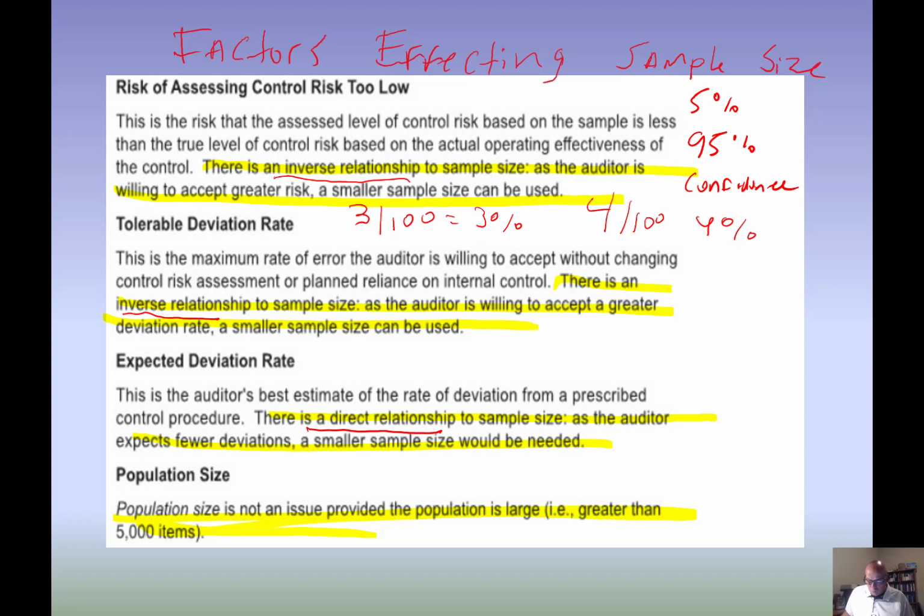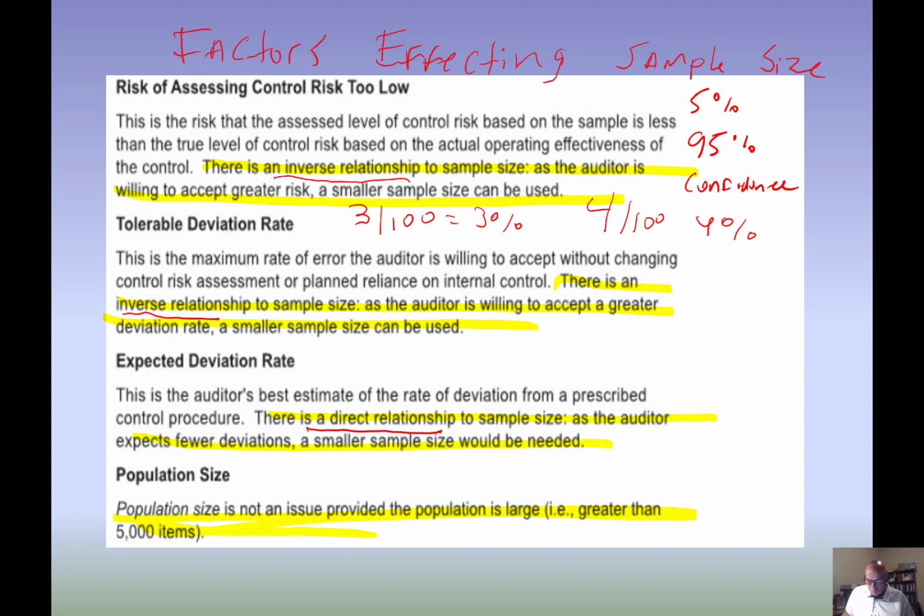Even if the day you walk in, the client says, hey, we fixed the problem, we're still going to pull a large sample size to see if it's true. In fact, we might go a couple more years. The first year that they tell us they fixed it, pretty good. Second year, we still might keep that sample size a little bigger just to make sure that it's in their DNA and they know how to apply that control. Maybe on that third year, we can pull a smaller sample because our expected deviation rate is coming down. So direct relationship.